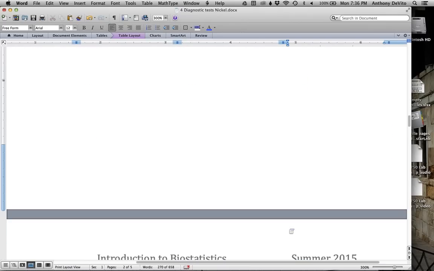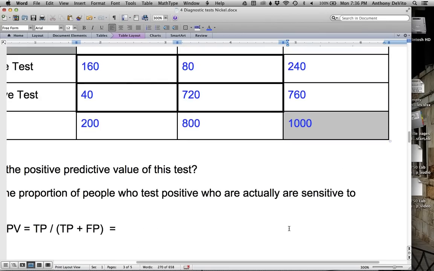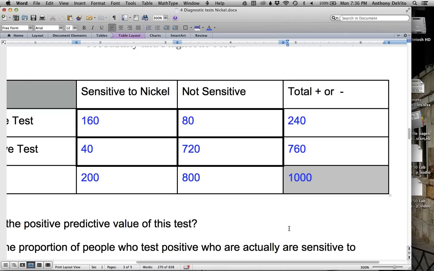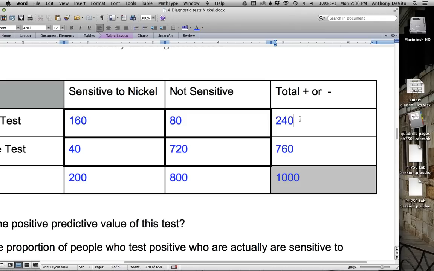I'm going to scroll up here, and hopefully I didn't fill in too much of this. Okay, so the next question is, what's the positive predictive value of this test? What is positive predictive value? Positive predictive value is if you get a positive test, what's the probability that you really have the disease, right? How many people got a positive test in this population? 240. Out of those 240, how many of them actually have the disease? 160.